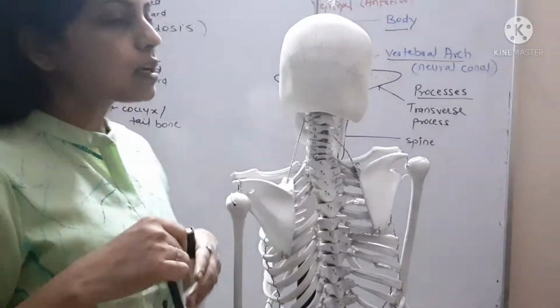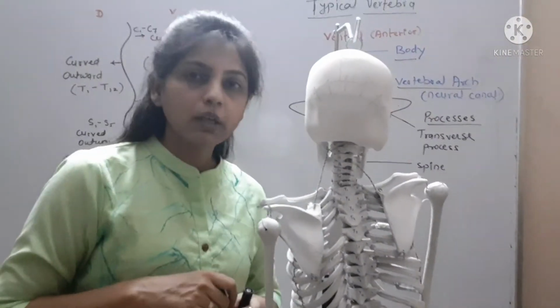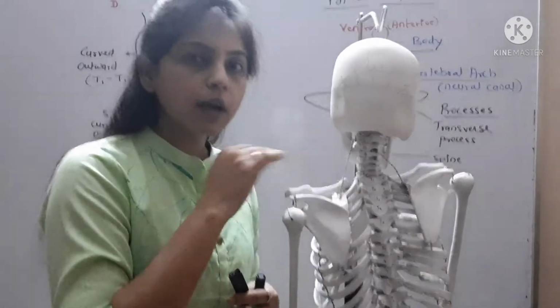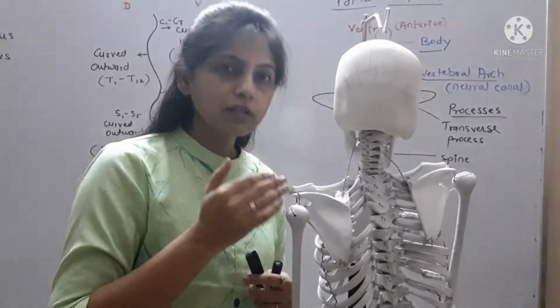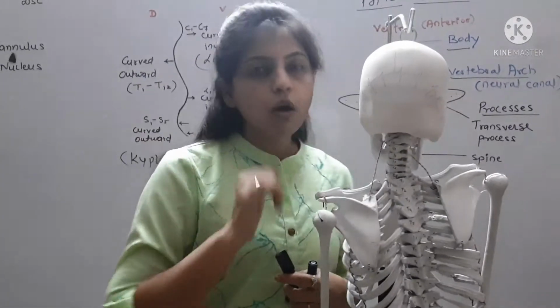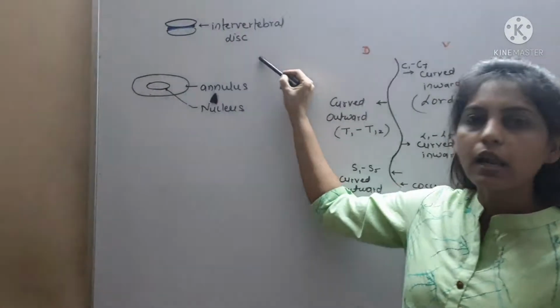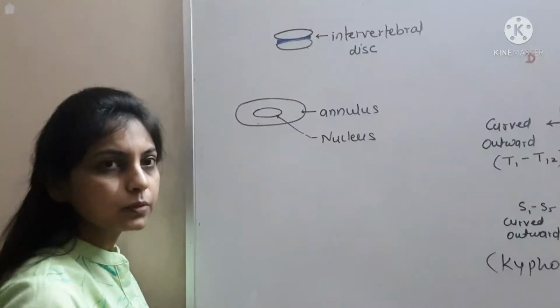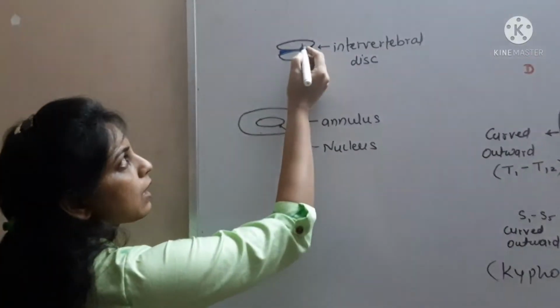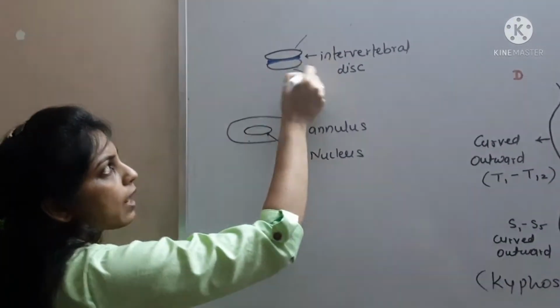This intervertebral disc is made up of fibrocartilaginous material, a type of connective tissue. Let us see the cut section of the intervertebral disc. For example, this is the intervertebral disc present between this and this vertebra.